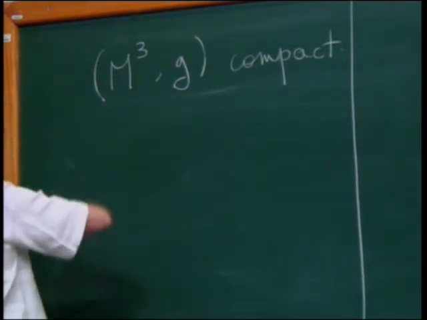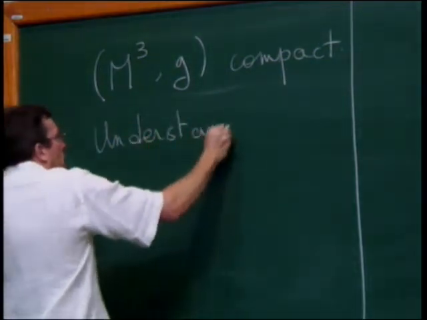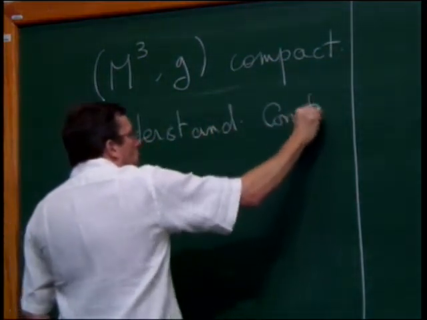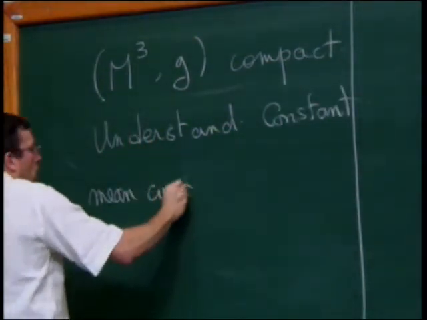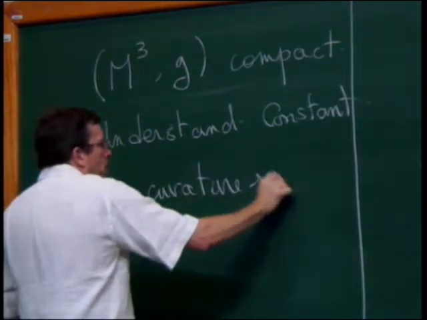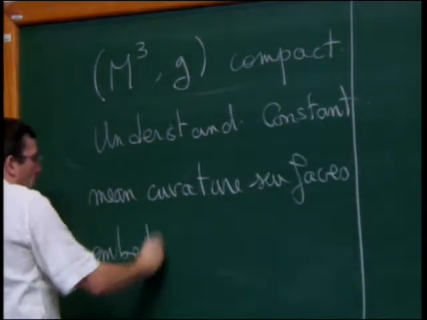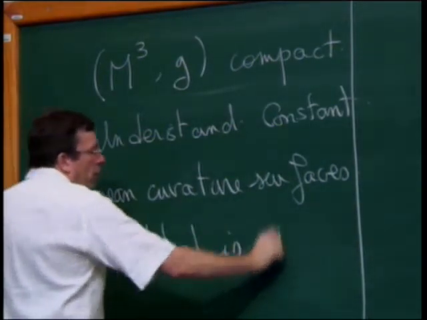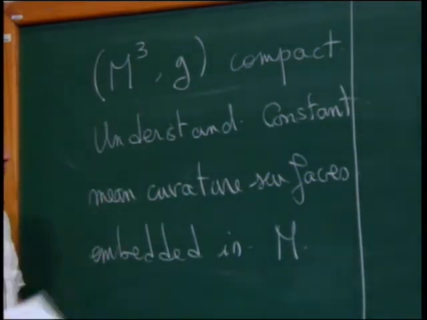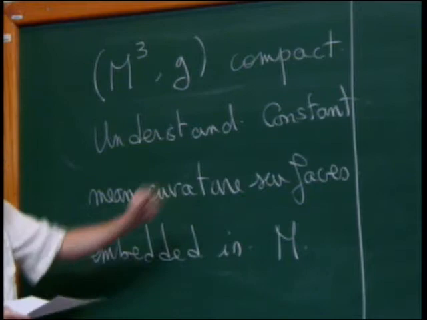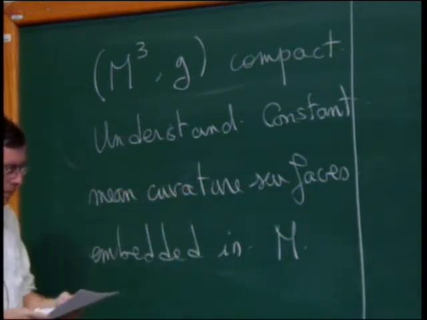And so the problem is to understand constant mean curvature surfaces which are embedded in M. So in a higher dimension, a lot of things will be true for hypersurfaces, constant mean curvature hypersurfaces, also embedded in a manifold.